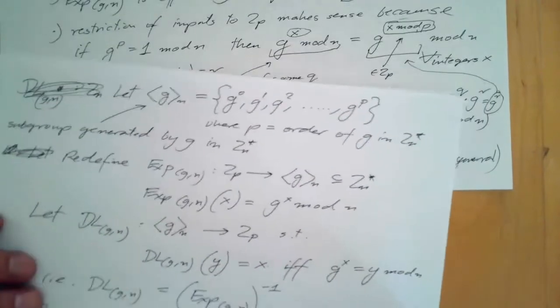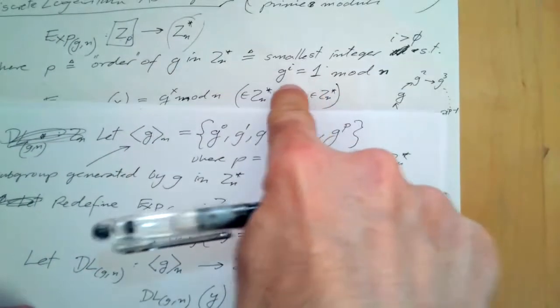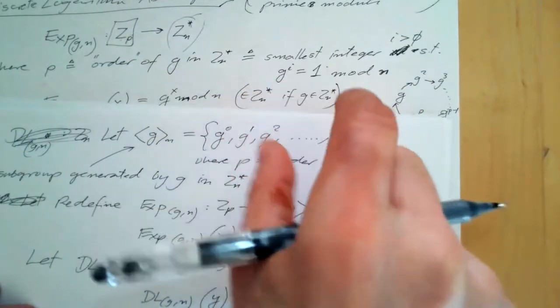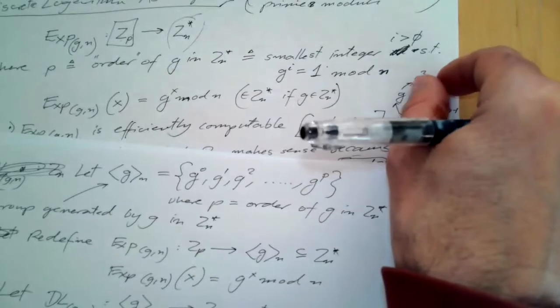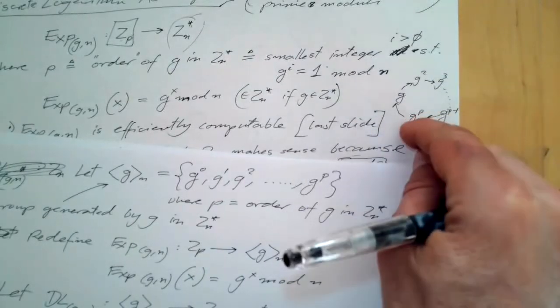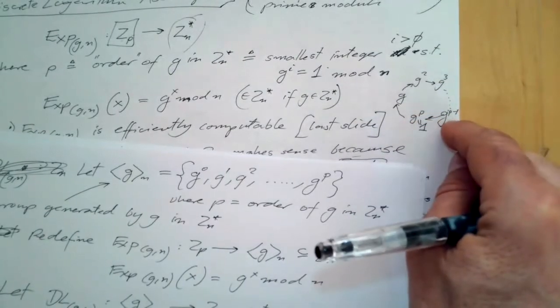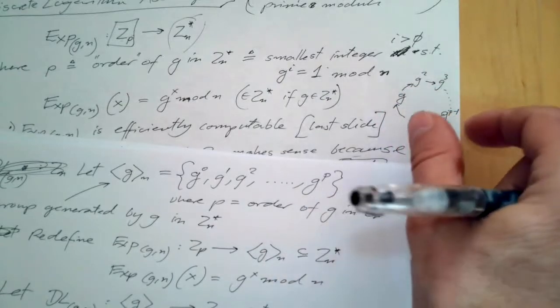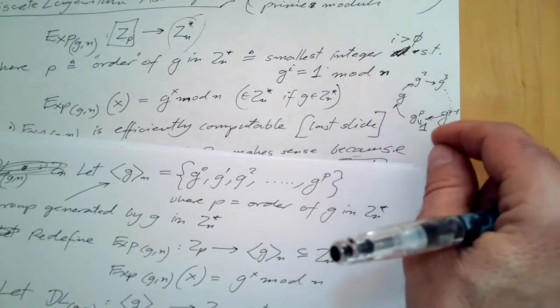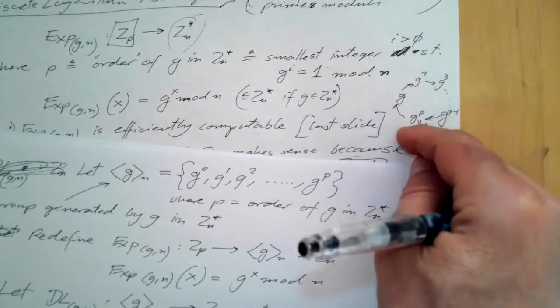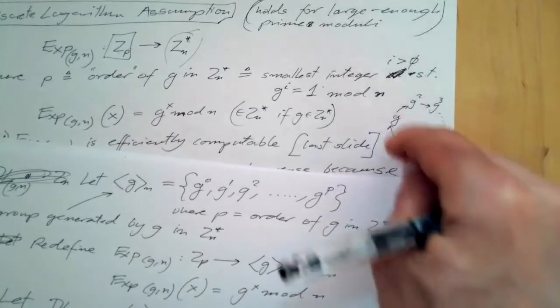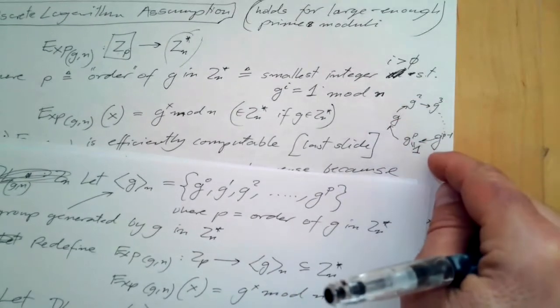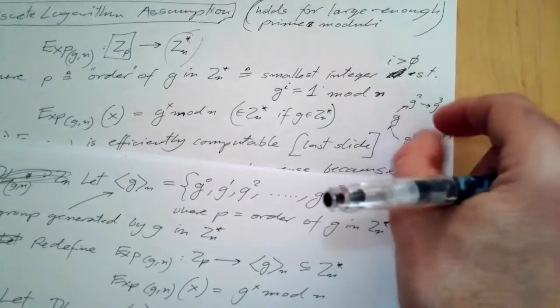If you found x and x prime which collided, that means that the cycle was shorter than it was supposed to be. So g to the x and g to the x prime cannot be equal if x and x prime are just different residues mod p. Or if they were, then this cycle would be far shorter.